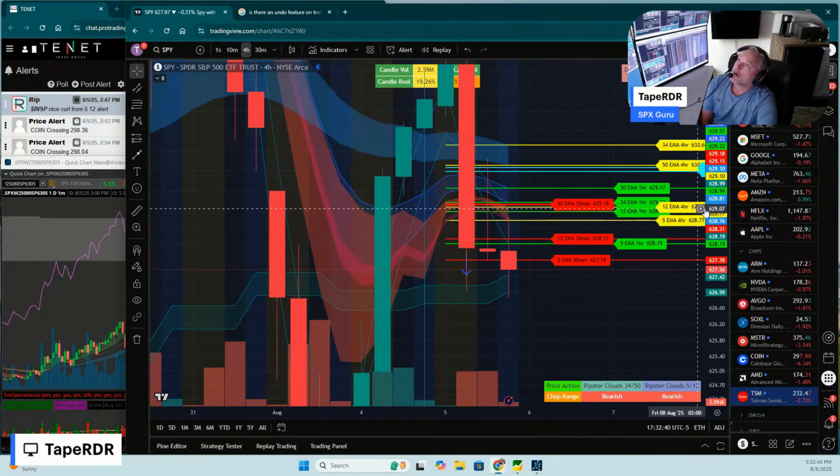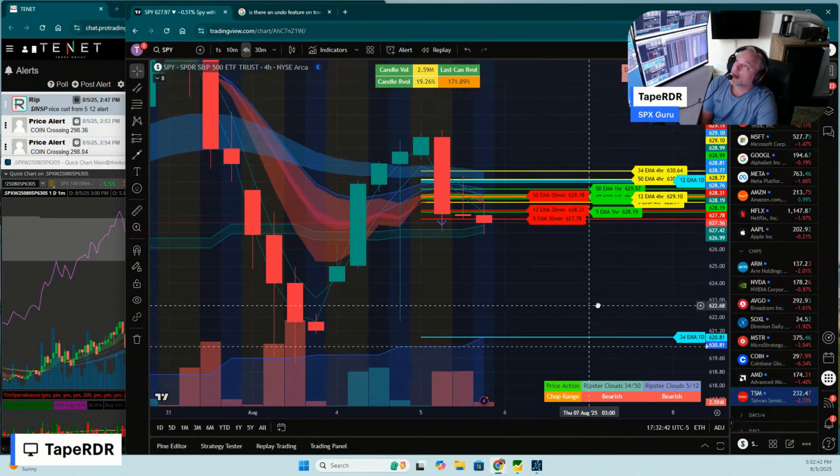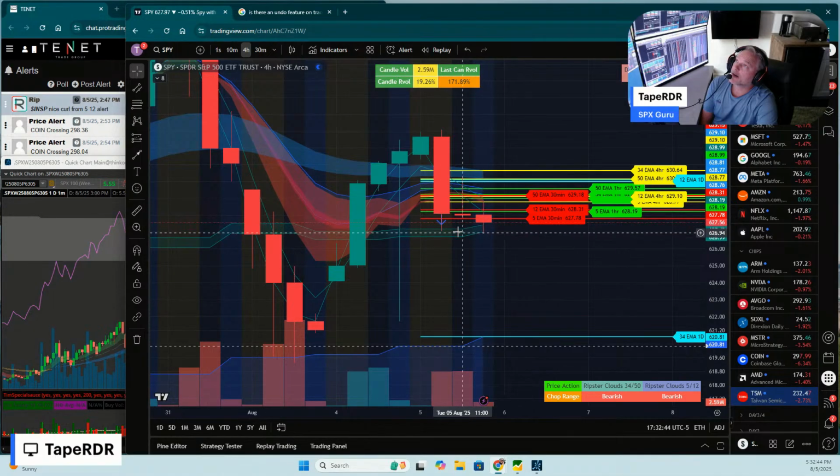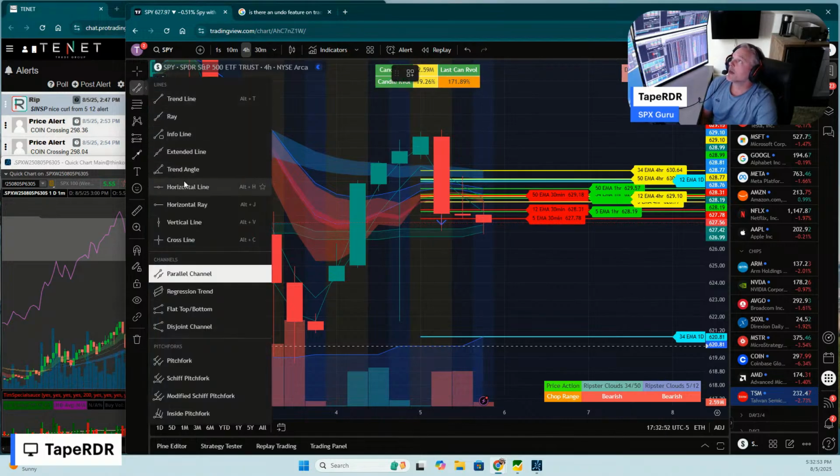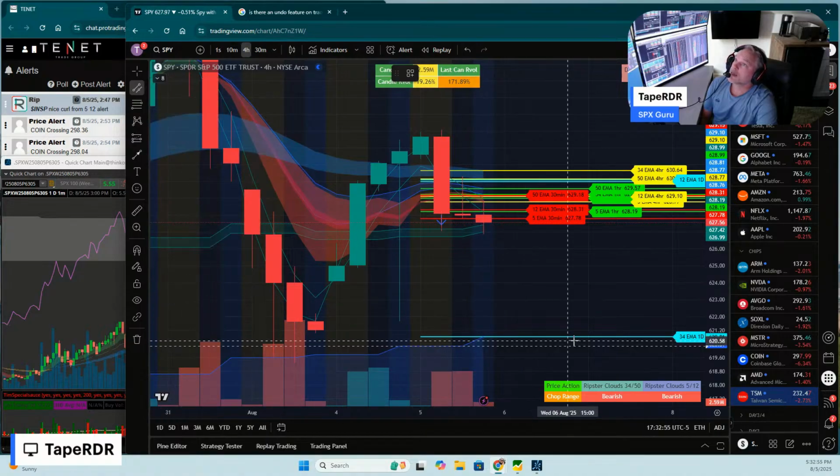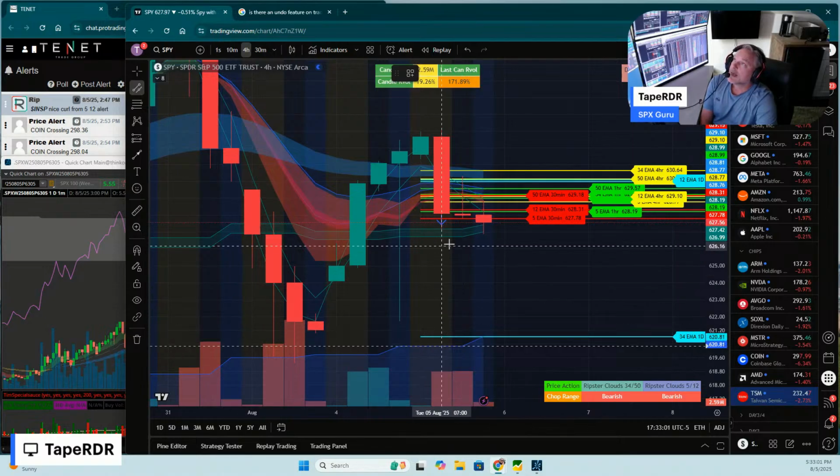So I can show you what an air gap looks like. This down here, right here, is an MTF EMA, and to kind of define what an air gap is, you can see down here we have a 34 EMA. So this is a 34 EMA on the daily, and all the other EMAs are up here.